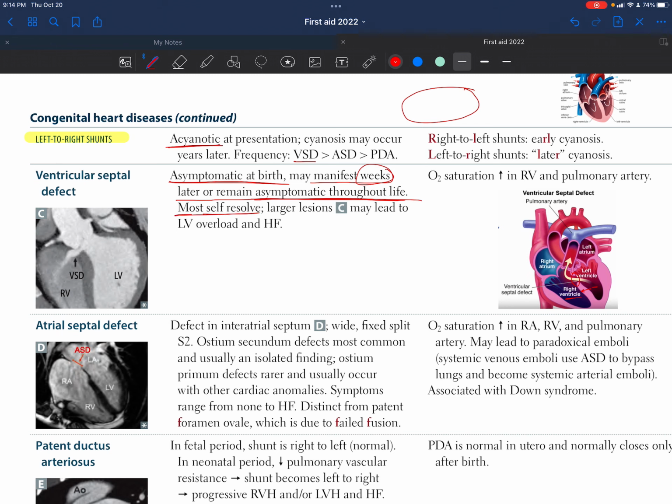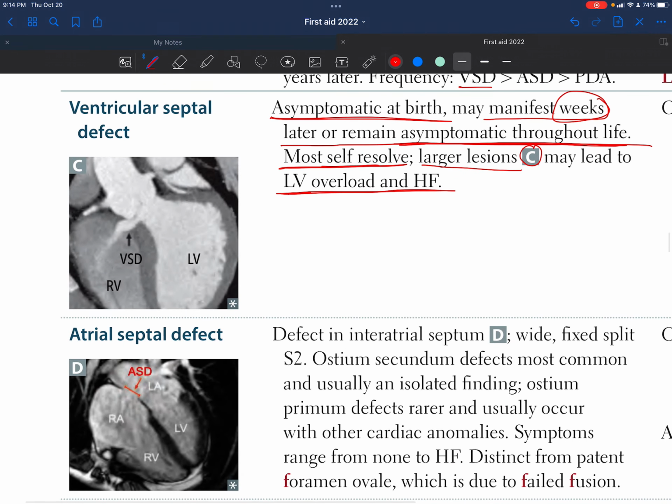Most self-resolve, most of those heal by themselves, but larger lesions, as in image C, may lead to left ventricular overload and heart failure. So as you can see here, this is the right ventricle, this is the left ventricle, and blood is just going this way. So this is an opening, that is the VSD.